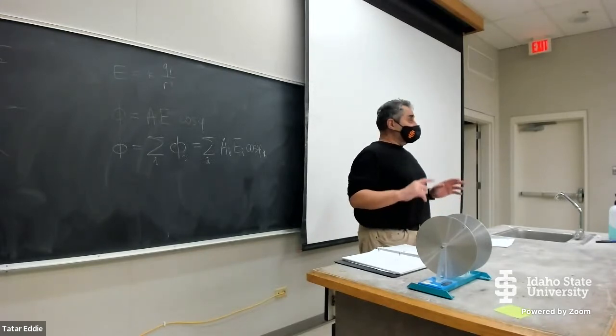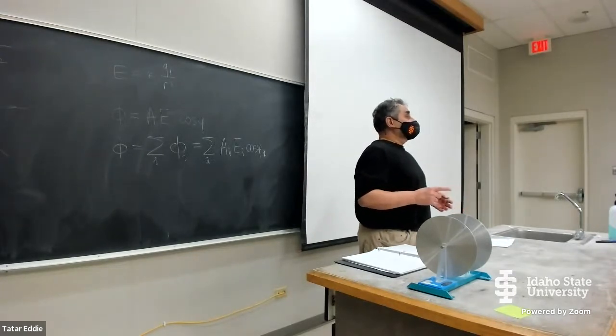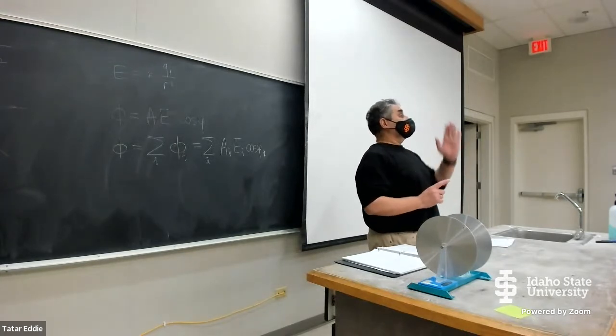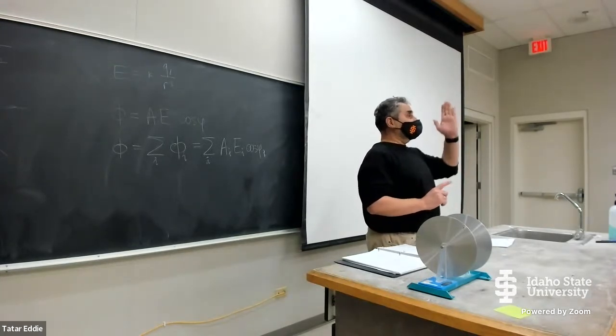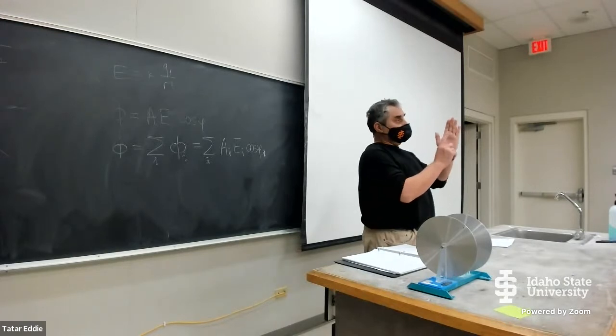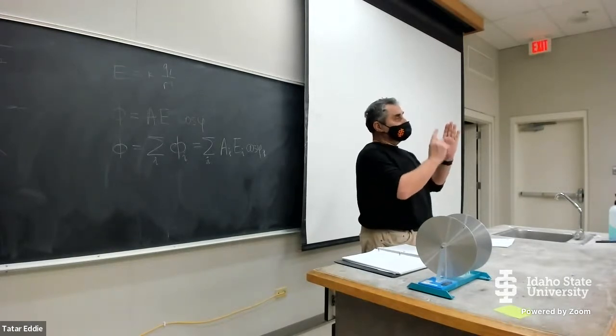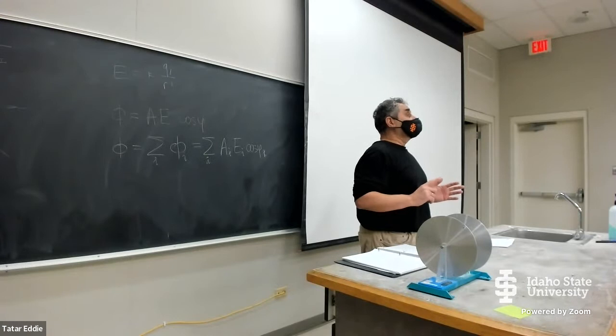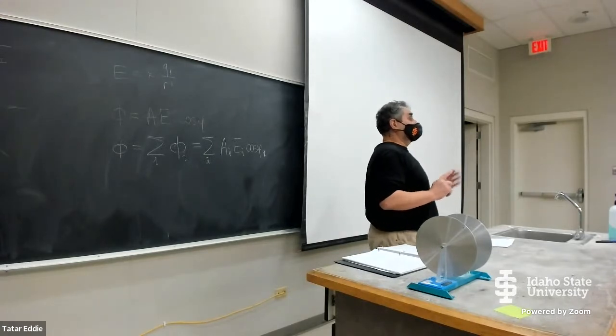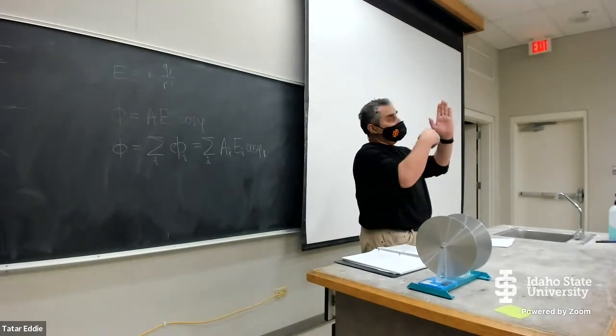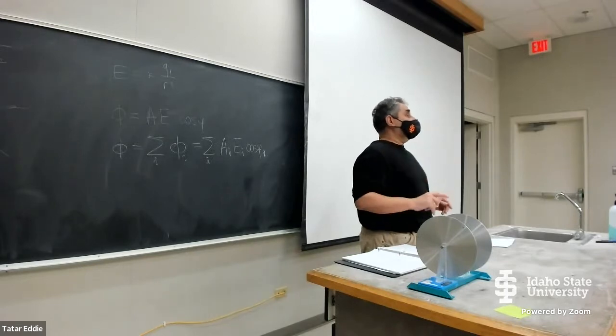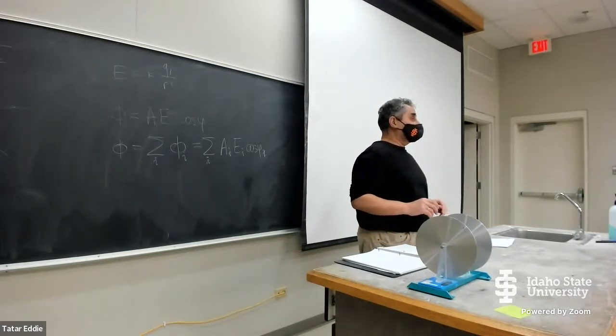So don't get tricked. Just draw the normal to the area, and from the drawing, you can figure out the value of the angle between the normal and the electric field, and the formula is going to work perfectly fine there.